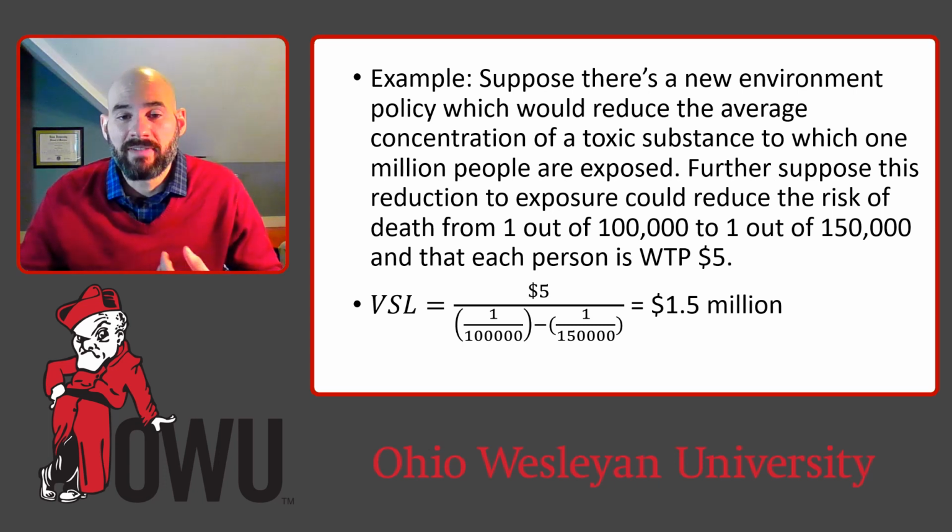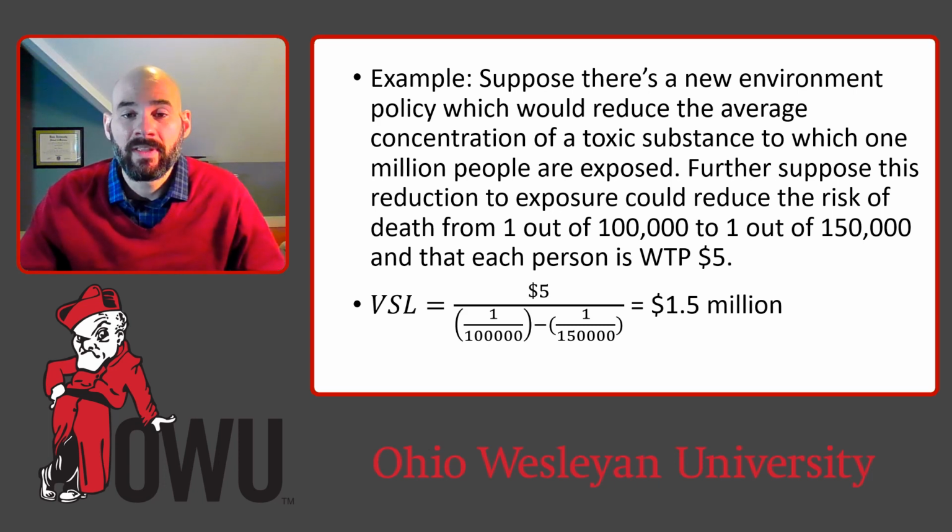So to calculate the value of statistical life, we're going to take that change in willingness to pay, from $0 for no policy to $5 for the new policy, and divide that by the change in the exposure to the risk. Prior to the new policy, there was a 1 in 100,000 chance of dying, and now it is 1 in 150,000.